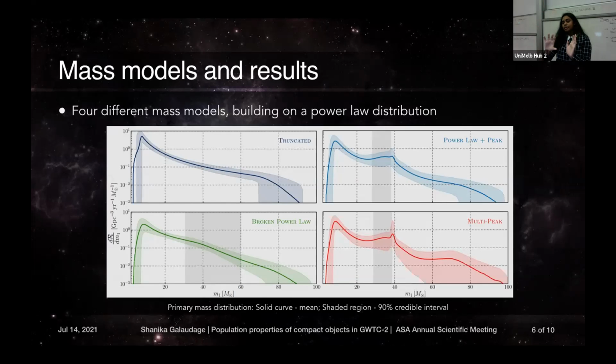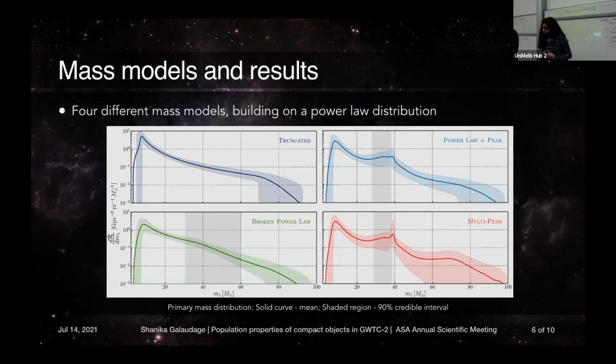Whereas the multi-peak and the hierarchical mergers, we expect it to be larger than the pulsational pair instability peak, which is around that gray shaded region in that plot. So we model it to be higher and in fact, sort of double the pulsational pair instability peak. So that larger peak is just meant to be beyond this pair instability potential cutoff. Hopefully that makes sense.